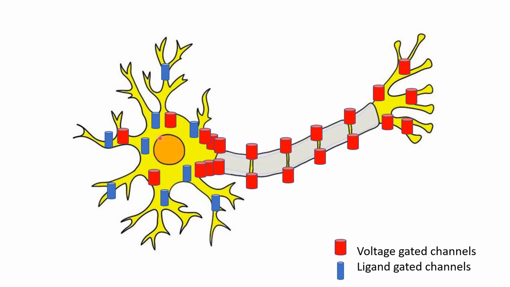You can see that the distribution of these channels is mainly at the axon hillock, and then at the nodes of Ranvier and the axon terminals. So there is the integrative zone, and the conductive zone where the action potential takes place. However, in the soma and the dendrites, it's mainly ligand-gated channels. Therefore, what happens here, the change in the membrane potential, we call postsynaptic potential, and here is action potential.